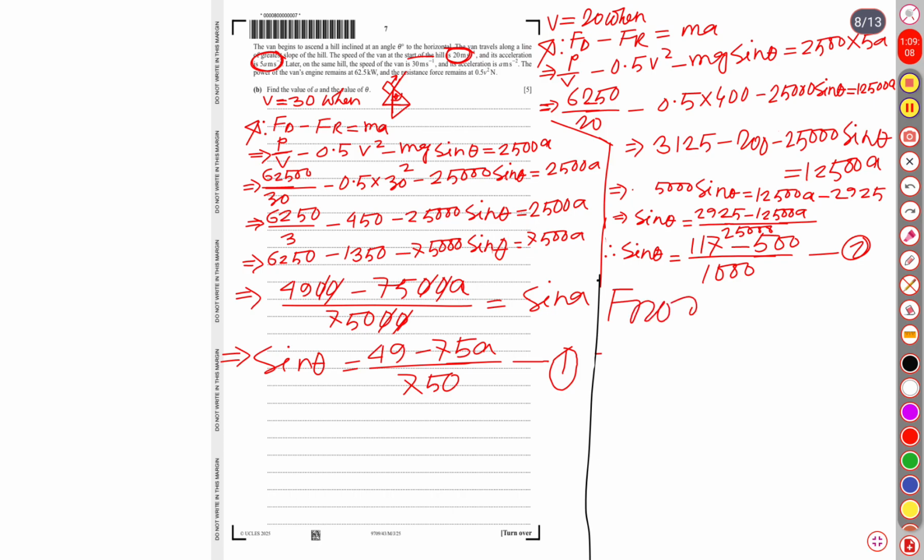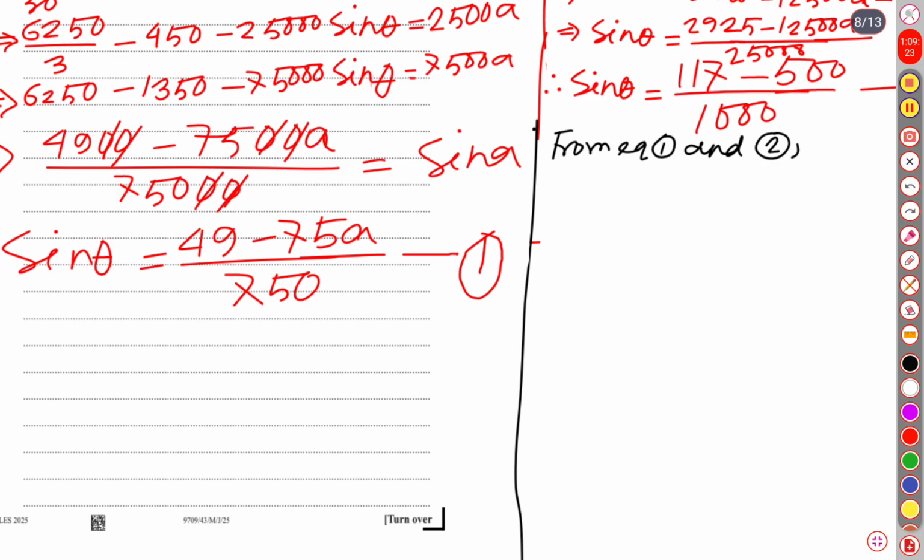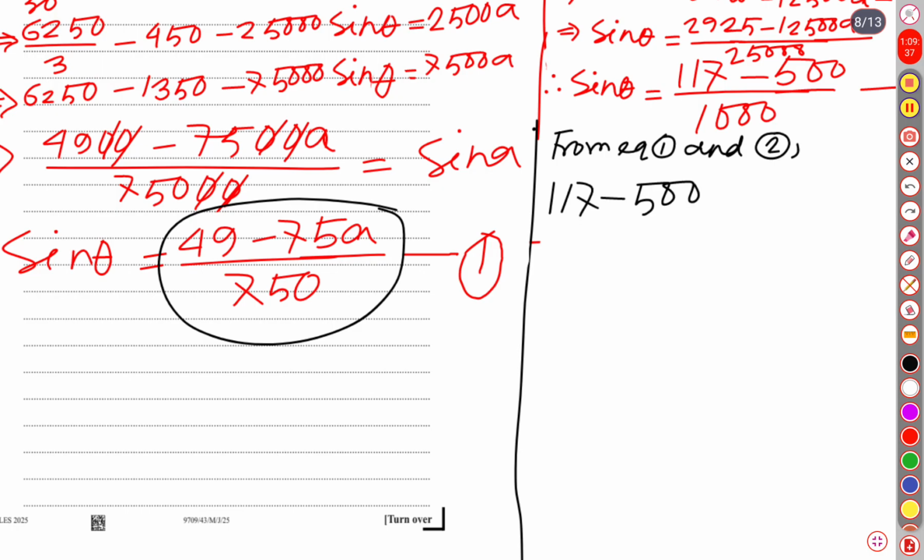From equation 1 and 2, equation 1 was this, and 2 is this. So we can write 117 minus 500a.